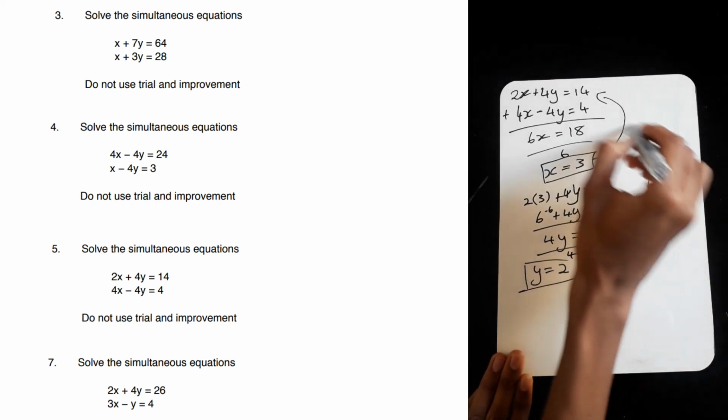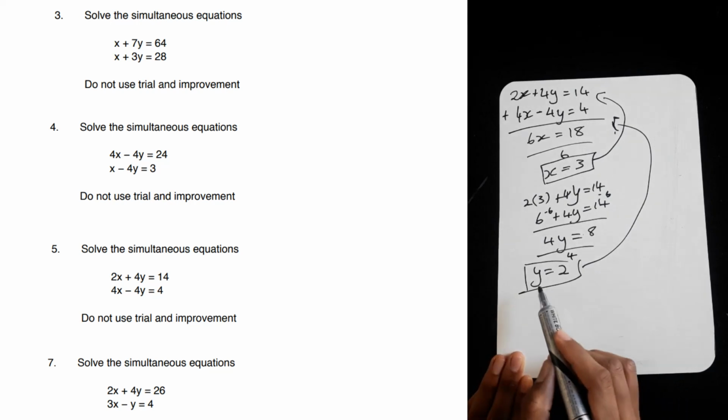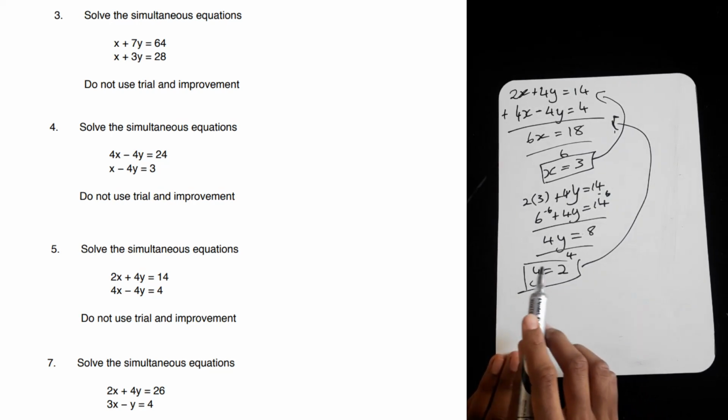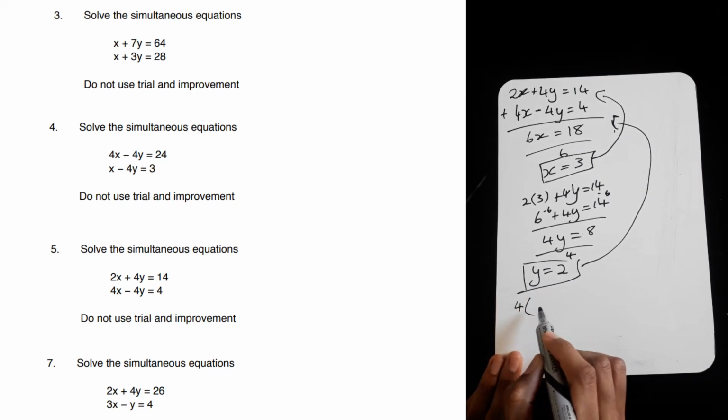Then we're going to plug it back in there again, up there on the first equation. In fact, let's use the second equation, because for the first one it's obviously going to be right.